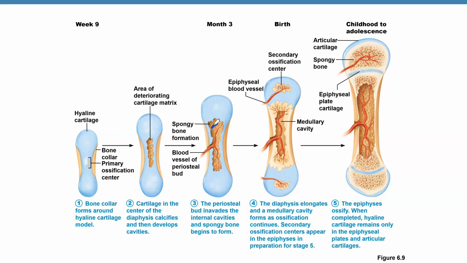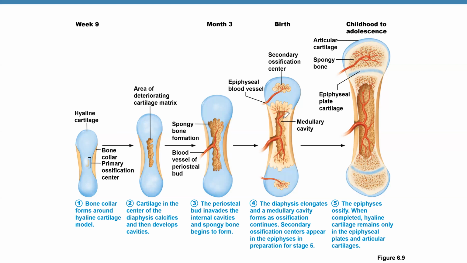We actually even destroy some of this spongy bone that was formed in the middle of the diaphysis. So the diaphysis elongates and the medullary cavity is formed, right? The medullary cavity is formed because we deposited spongy bone. Now osteoclasts are gonna resorb the spongy bone so we can have cavities.